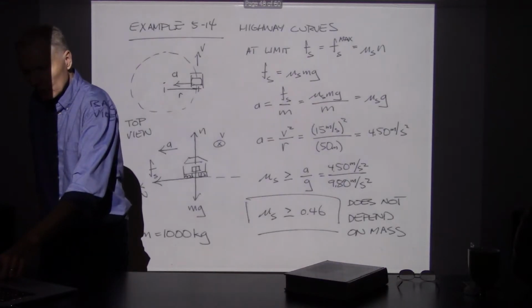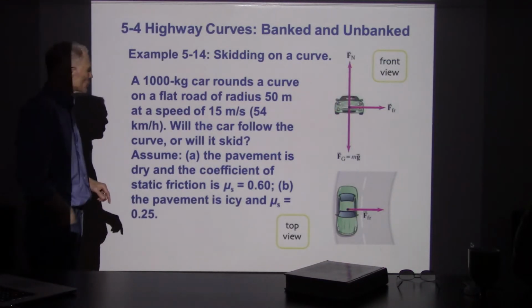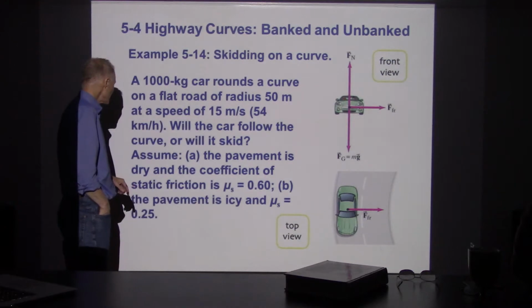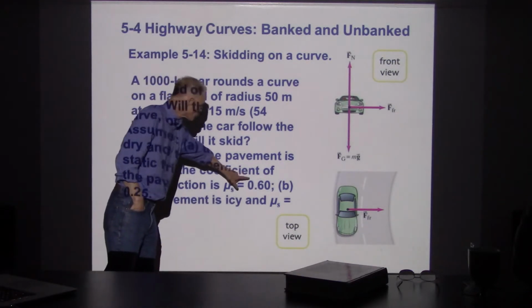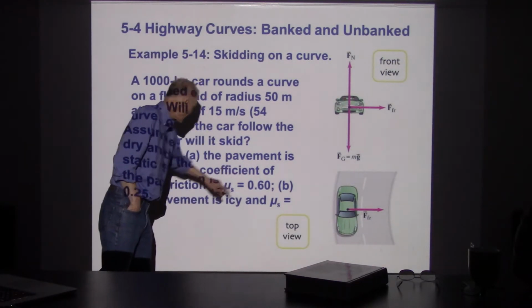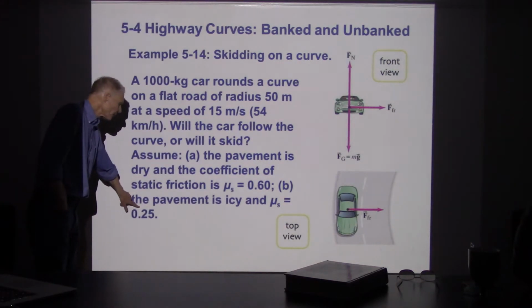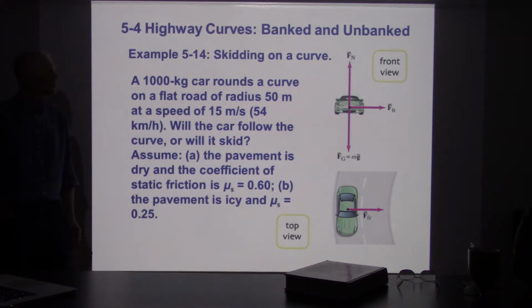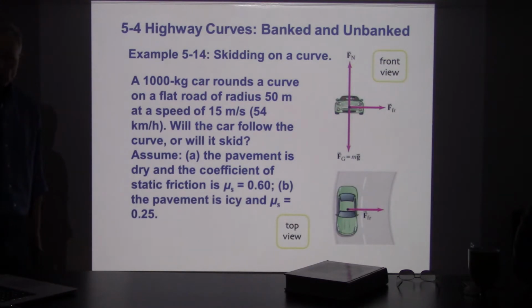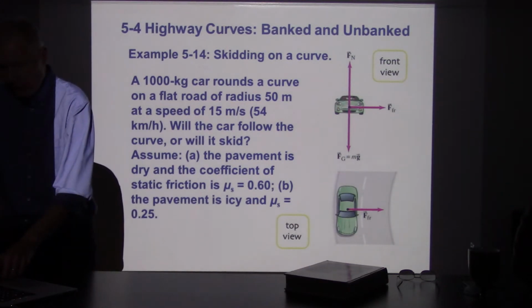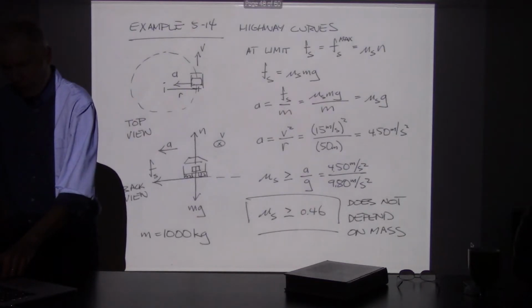Let's go back and look. So 0.46 is what we need, and so that says on the nice dry pavement we're going to be okay, but we're not going to be able to make it through this curve at that speed if there's ice. So we are going to really need to slow down on that curve.